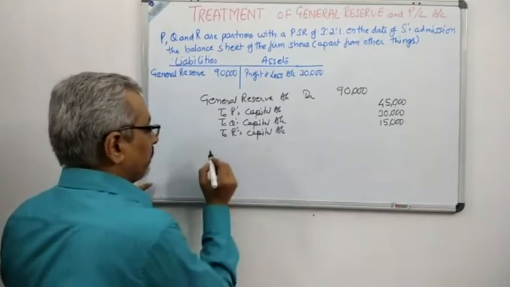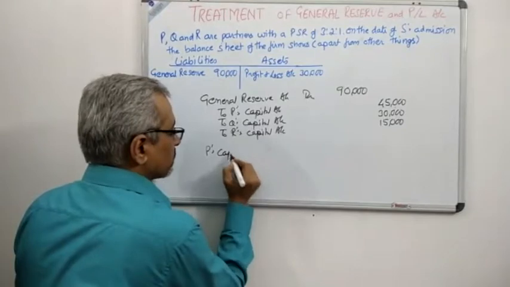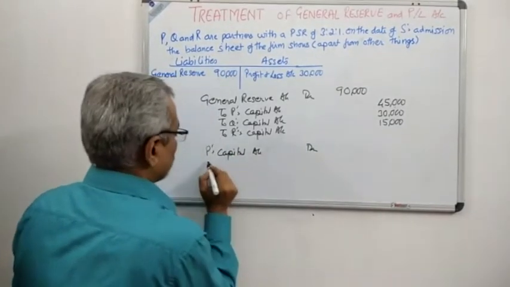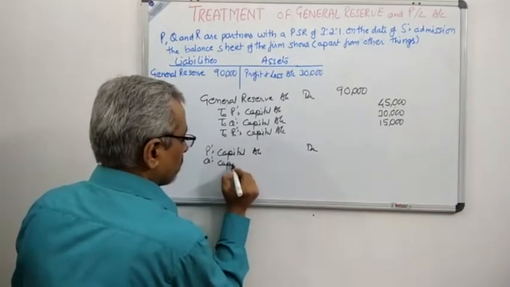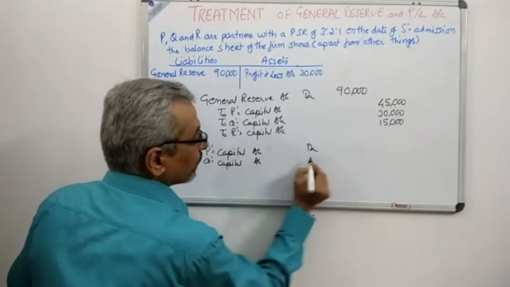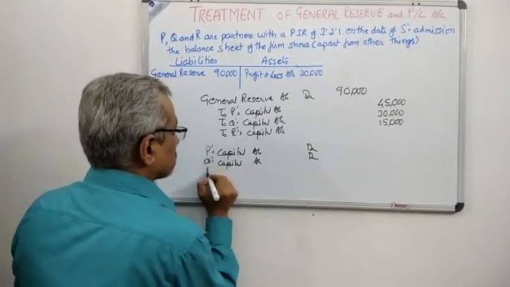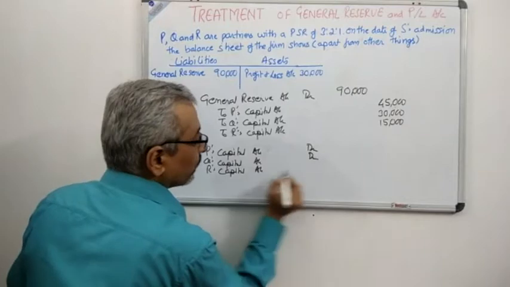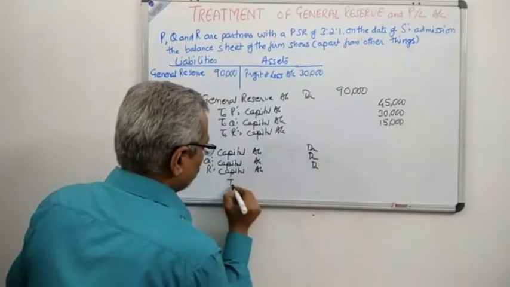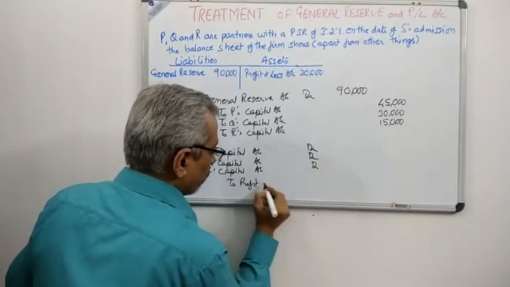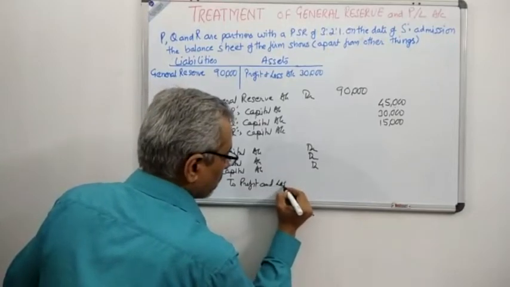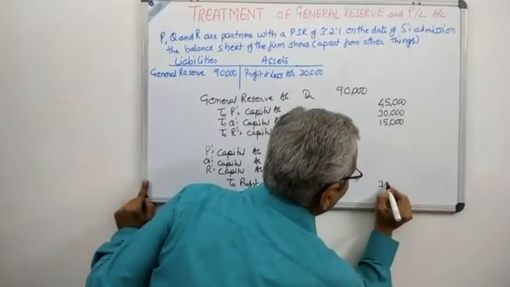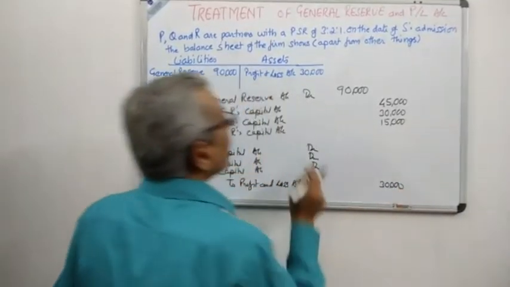So the journal entry will be P's capital account debit, Q's capital account debit, R's capital account debit to profit and loss account.